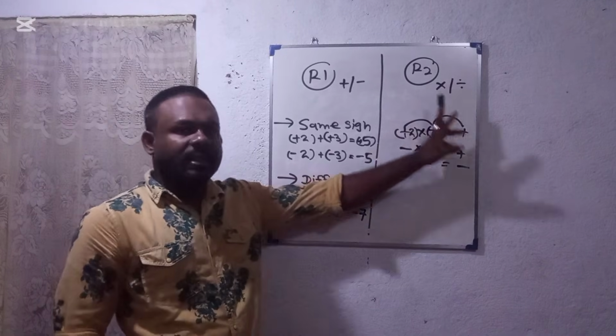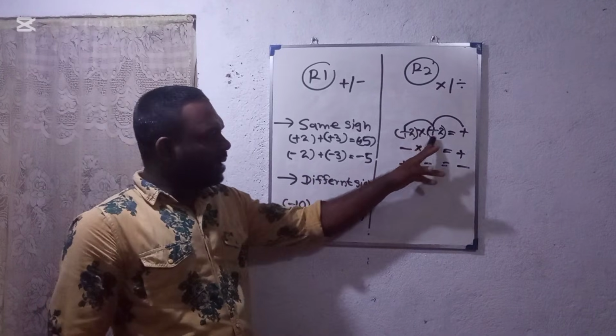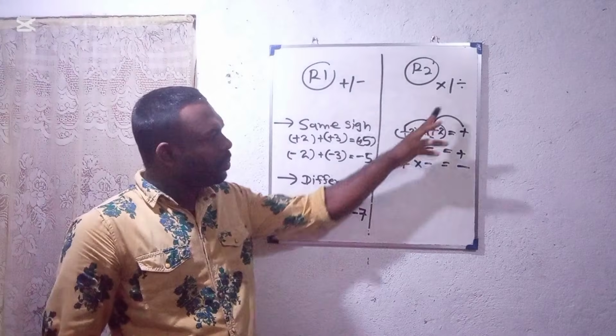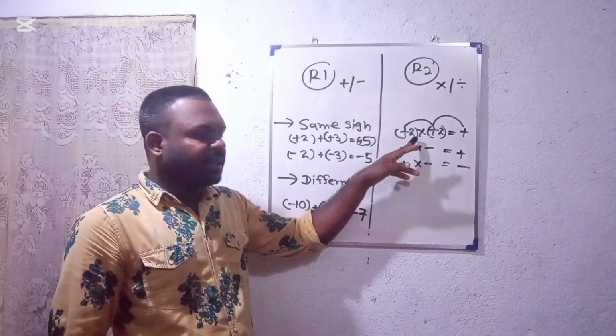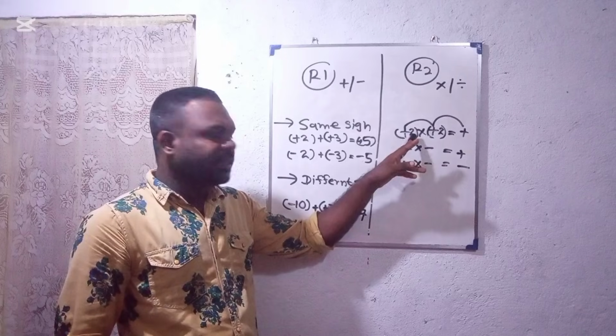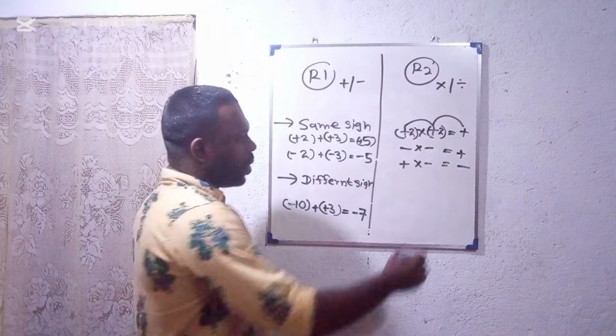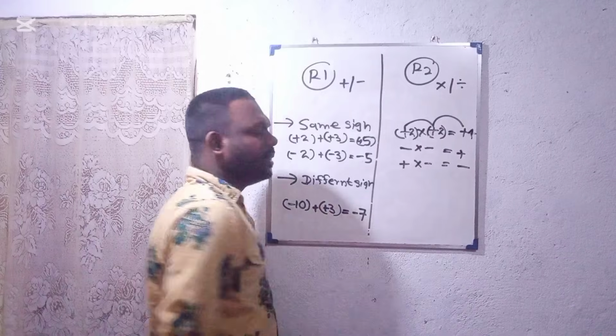Forget the sign. Now you have obtained the sign output. Then forget the signs and multiply the numbers as positive. 2 times 2 is 4. That is plus 4.